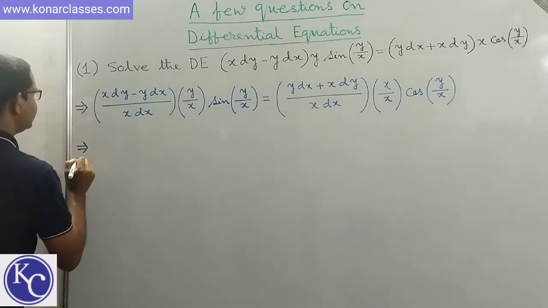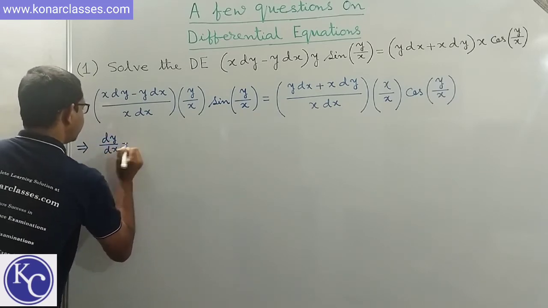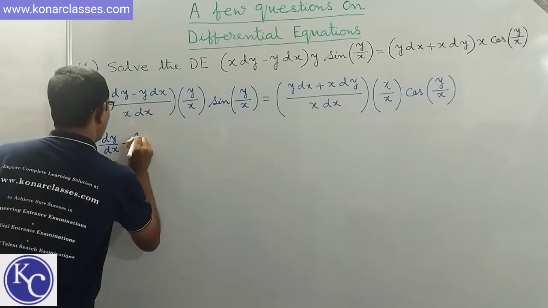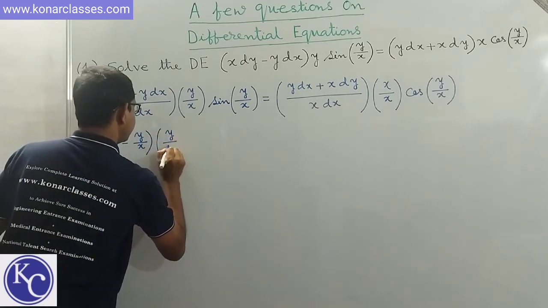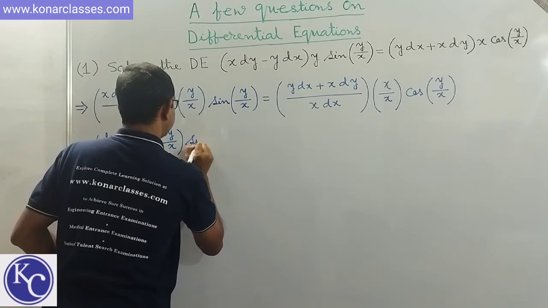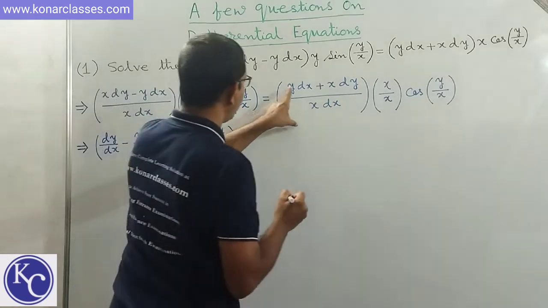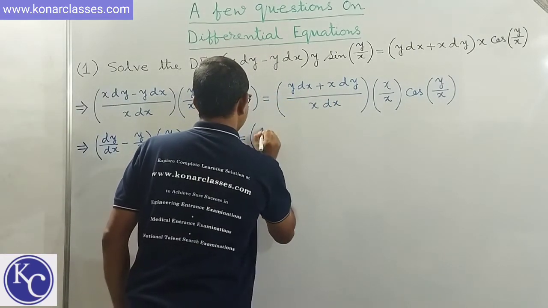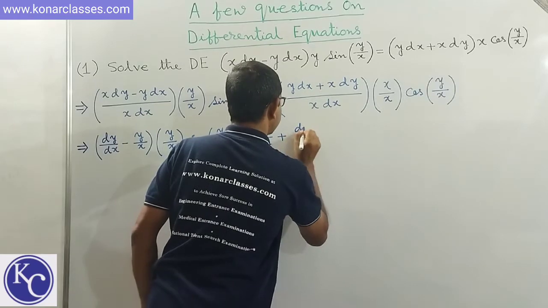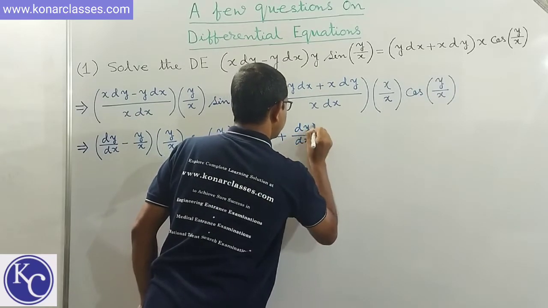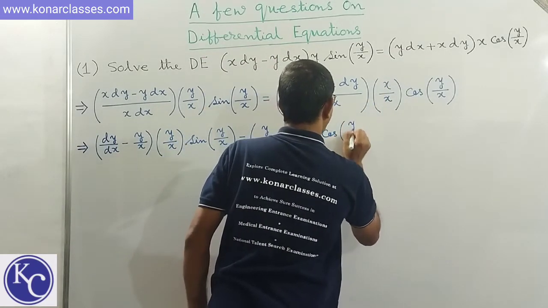This implies x dy by x dx, that is dy/dx, minus y dx by x dx, that is y by x, into y by x into sin(y/x) as it is, that is equal to, on the right hand side, y dx by x dx, that is y by x, plus x dy by x dx, that is dy/dx, into x by x which is 1, and cos(y/x).